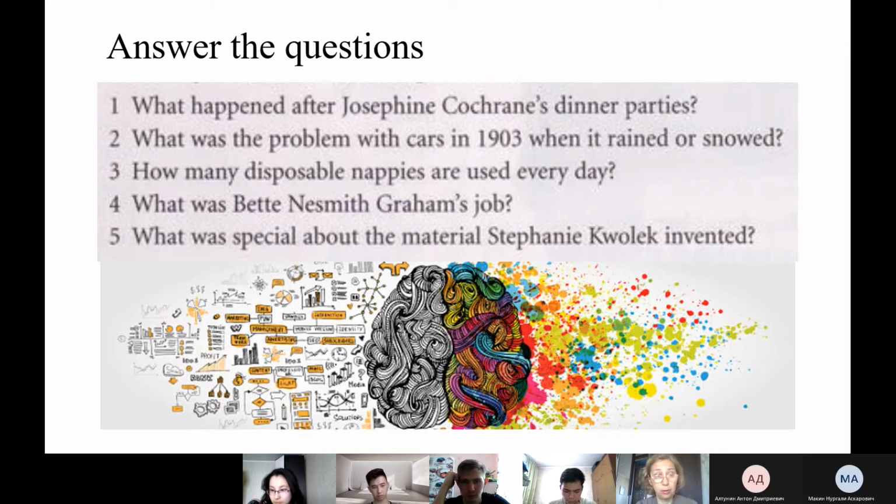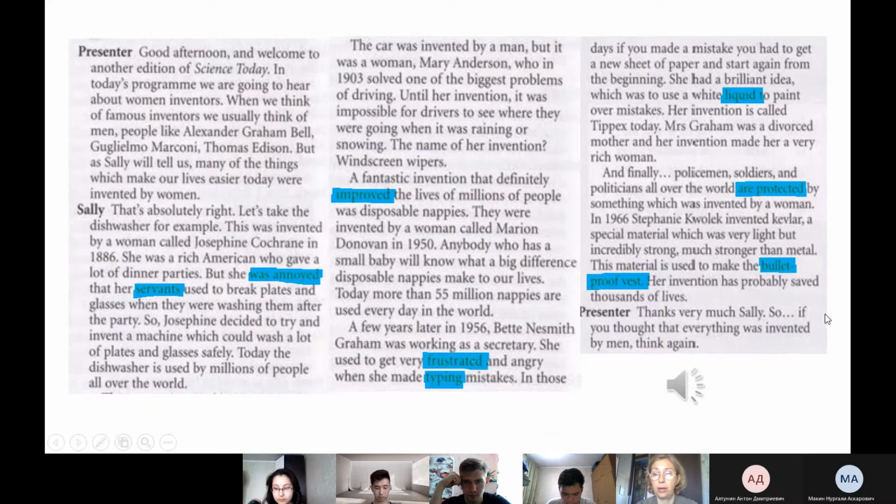Okay, Anton, number 5, please. What was special about the material Stephanie Kwolek invented? Что особенного было в материале, который она изобрела? So, what does the story say about this?